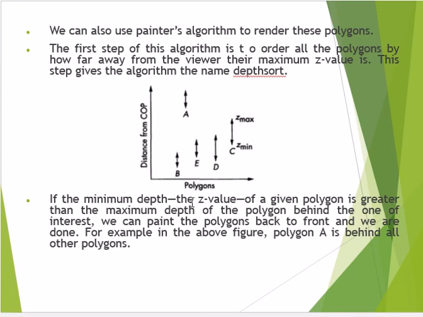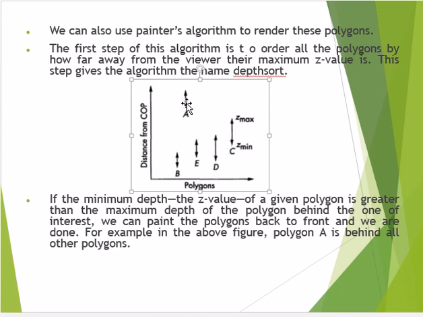If the minimum depth, the z value of a given polygon, is greater than the maximum depth of the polygon behind the one of interest, we can paint the polygons back to front and we are done with the rendering. For example, in the above figure, polygon A is behind all other polygons.